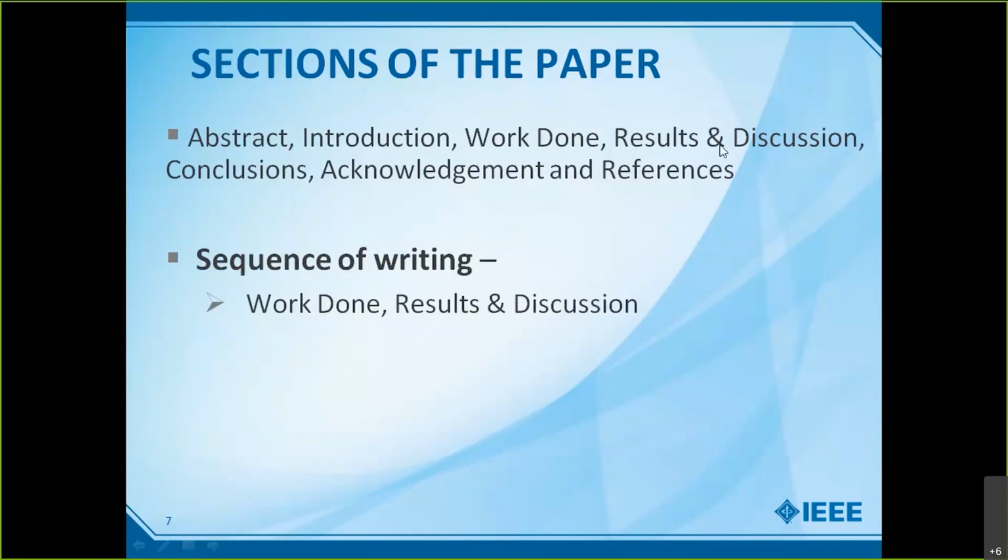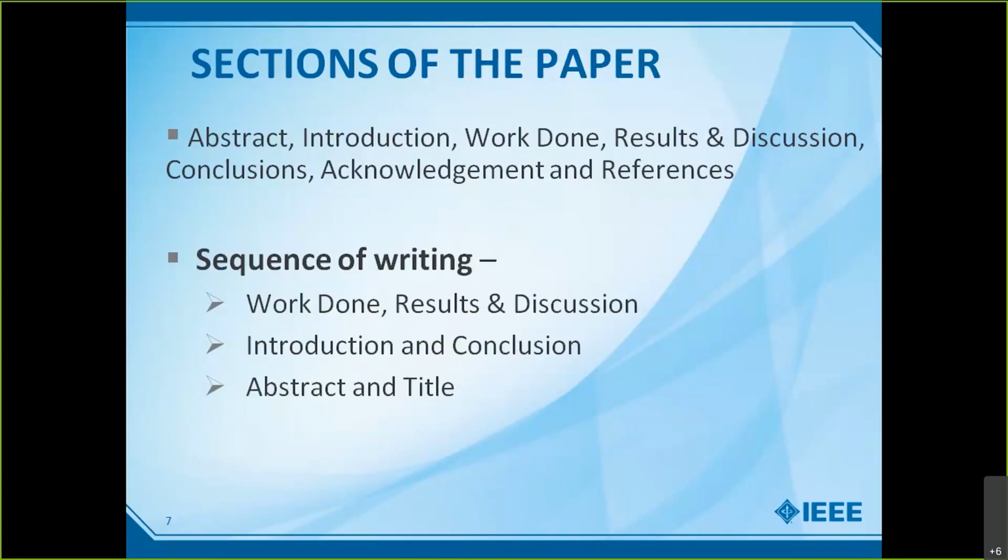The first thing to write is these three: work done, results, and discussion. Next, you write the second one, introduction and conclusion. Then you write the abstract and title. The last thing to do is to write the abstract and title.